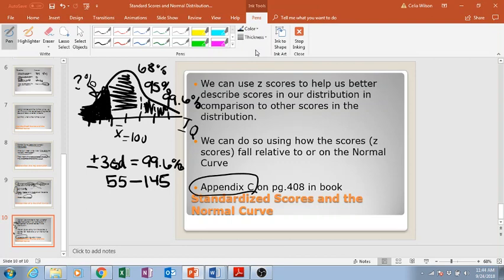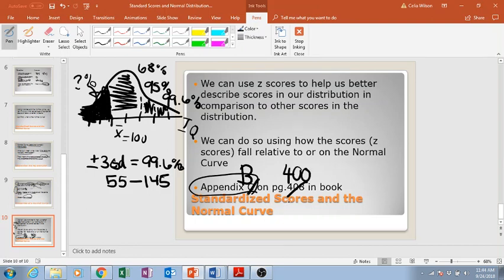The Salkind Statistics for People Who Think They Hate Statistics, that table, let me get the exact page for you. It is page 400, and it's Appendix B.